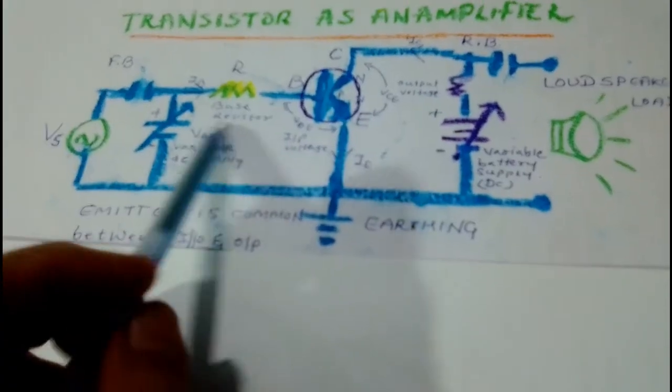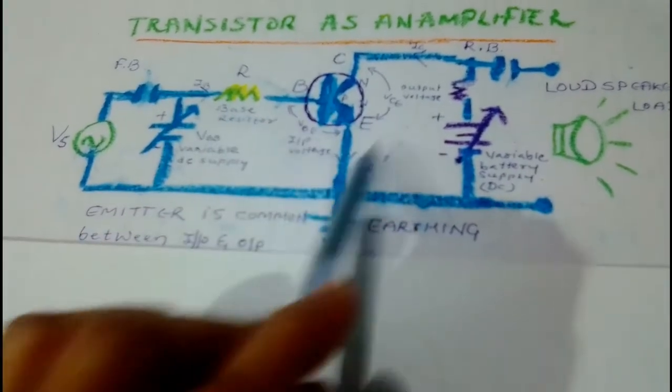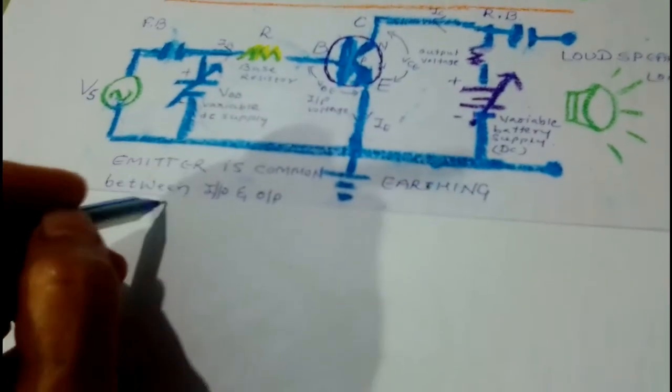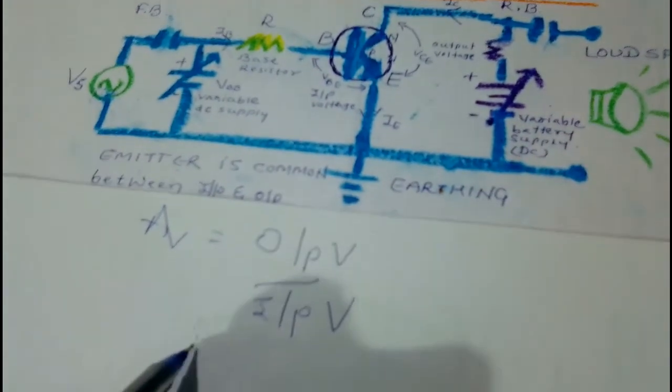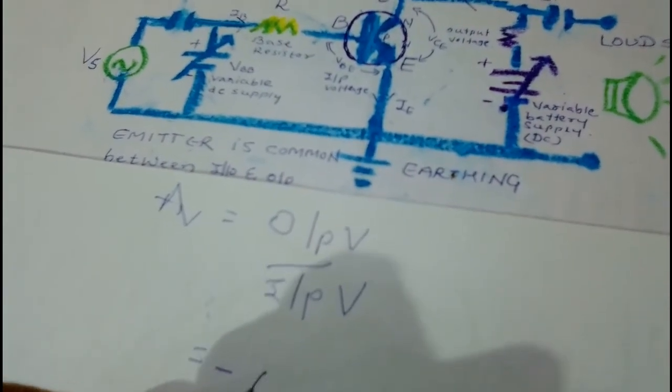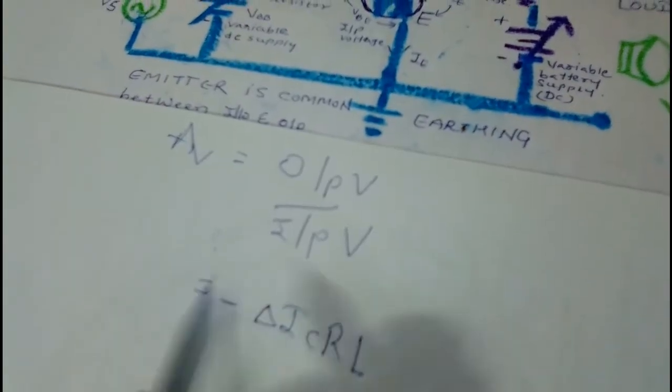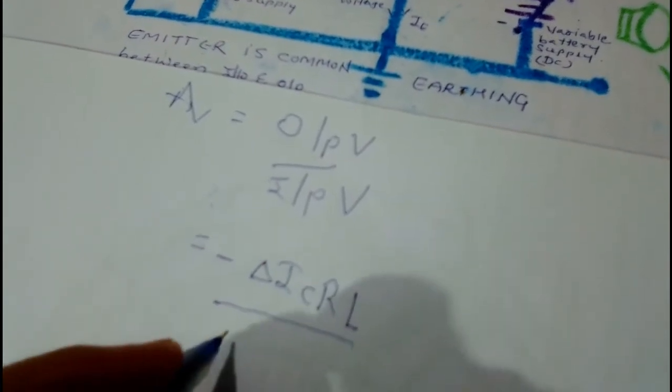Now we will see the voltage gain of this amplifier circuit. The voltage gain is denoted by AV. Voltage gain is equal to the ratio of output voltage divided by input voltage. So AV is equal to minus delta IC RL, which is the output voltage, upon delta IB Ri, which is the input voltage.